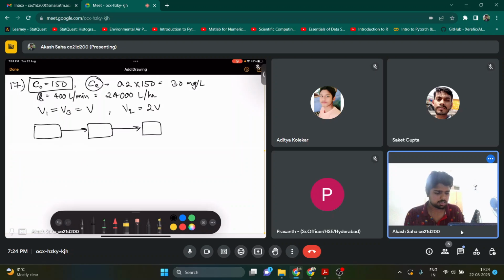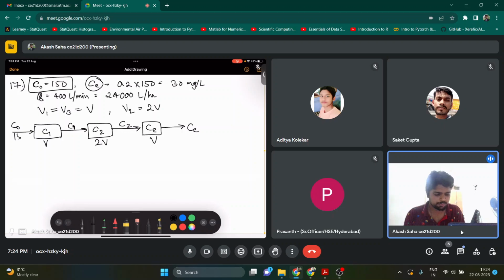Here C naught is coming in, and from here CE will come out. Inside the first reactor will be C1, outside also C1. Here will be C2, outside also C2. Here it will be CE and it will come out as CE. The volume of the first reactor is V, the second reactor is 2V, and the third reactor is again V.